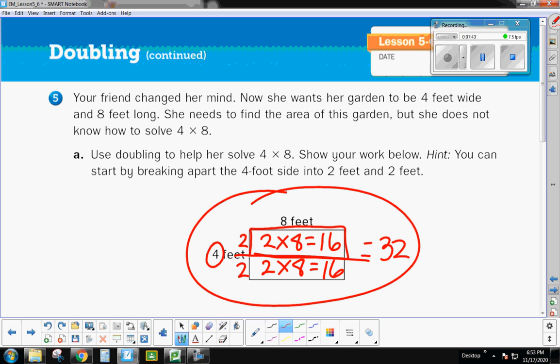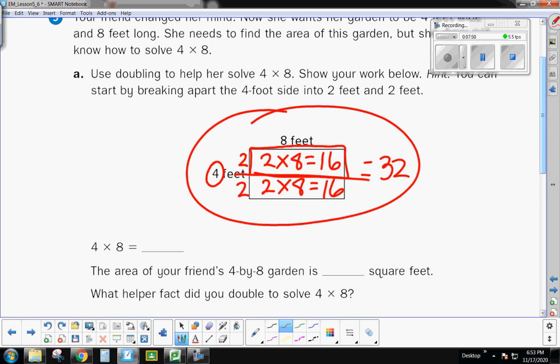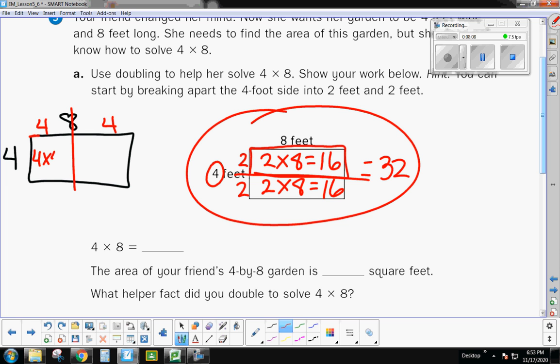Now, I told you there were 2 ways I could do this problem. I'm going to draw this rectangle again over to the side. And again, I'm going to draw a 4 by 8. Now, the 8 is also even, so I could cut it this way and make it 4 and 4. So now the area of this side is a 4 by 4.